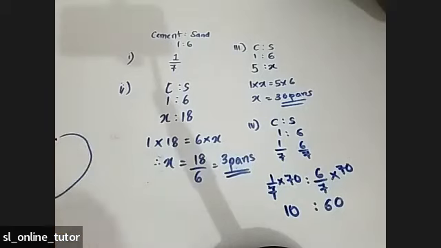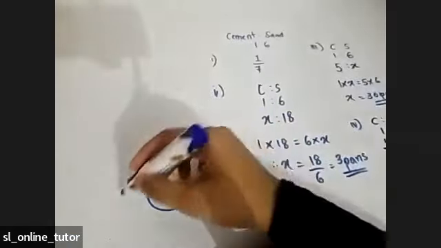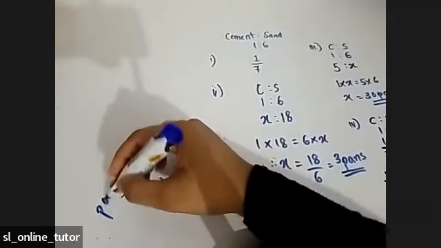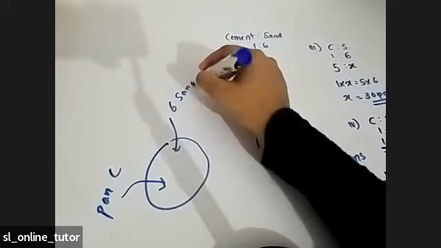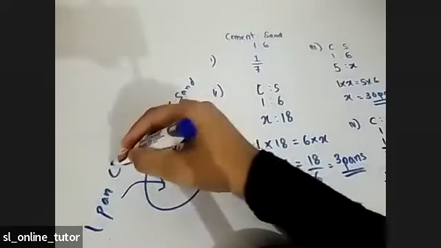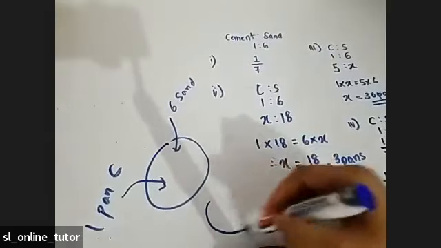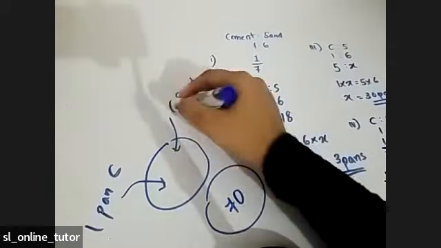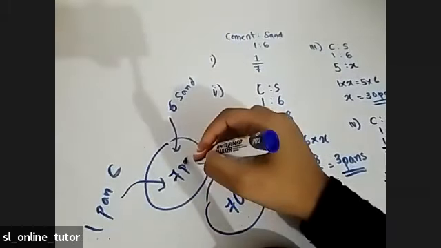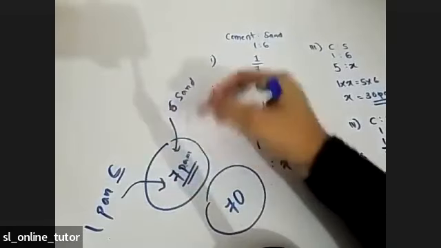If you want to make one mixture, you put 1 pan of cement and 6 pans of sand. Now, if you want to make a mixture of 70 pans, in here, total how many pans? 6 pans and 1 pan means 7 pans are there. For 7 pans only, you need 1 pan cement, 6 pans sand.